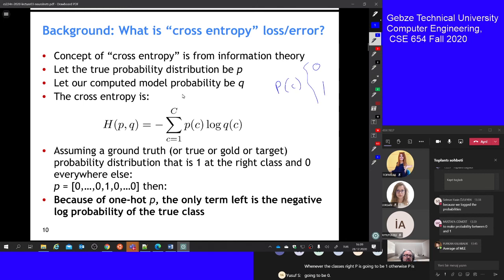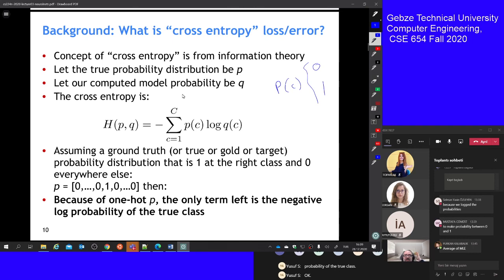Assuming a ground truth probability distribution that is 1 at the right class, and 0 elsewhere, because of one hot, P has to be 1 hot. 1, the others are 0. The only term left is the negative log probability of the true class.